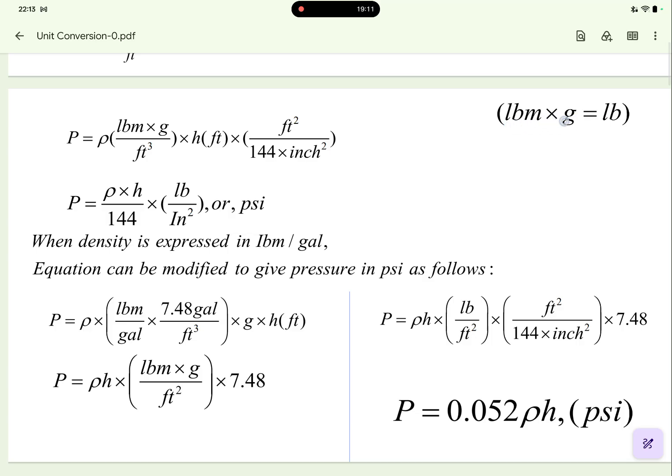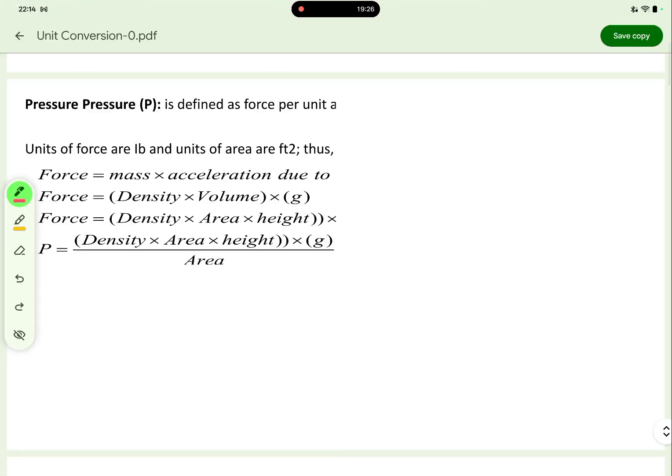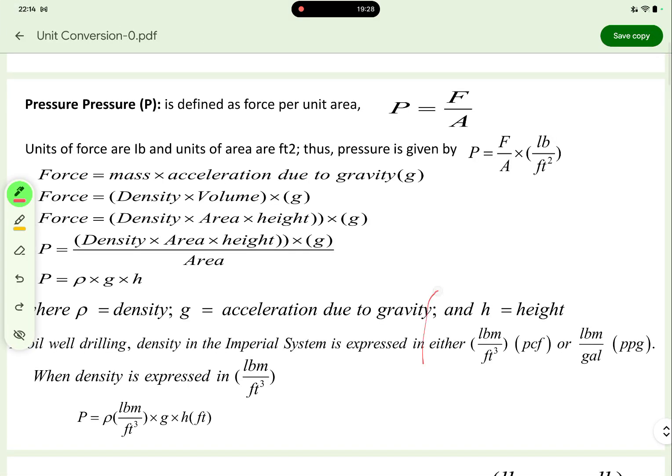So lbm multiplied with g gives you the lbf, right? So now it is converted into lbf, and h is there, right? And what I am going to do is convert this. Let me do the calculation over here only.